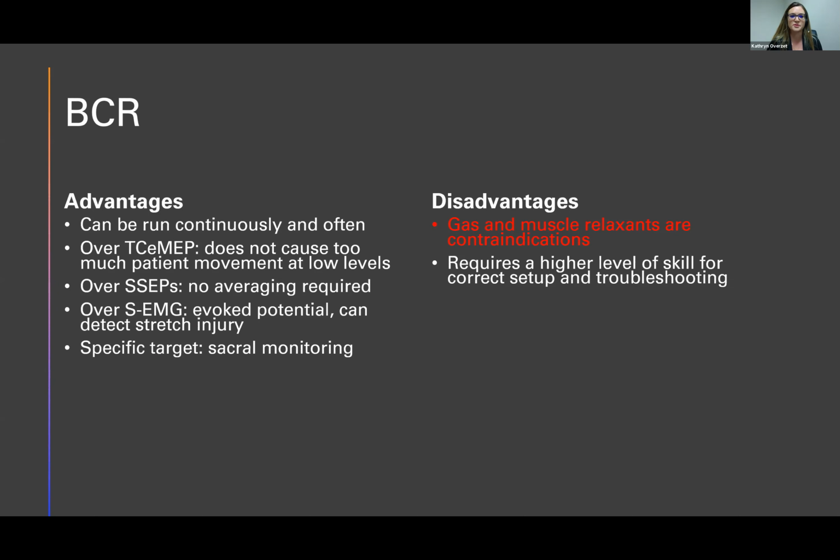So we're not going all the way up to the brain like we are with our motor evoked potentials and somatosensory evoked potentials. So if you're interested in monitoring the sacral system, very specific target. And it simultaneously monitors both sensory and motor components peripherally and at the segmental level. So fantastic modality. It's very robust and reliable, and it can be tested often, the 3 most important criteria.